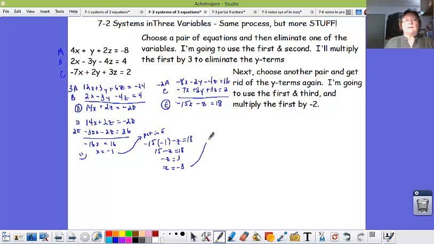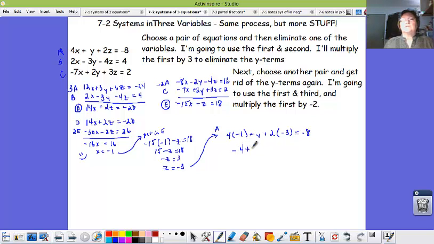And now we're ready to back substitute again. We can put our values for x and z into one of the original equations, and I'm going to put them in A. So I'm going to have 4 of my x's, which were negative 1, plus a y, plus 2 z's, and z was negative 3. That's got to equal negative 8.